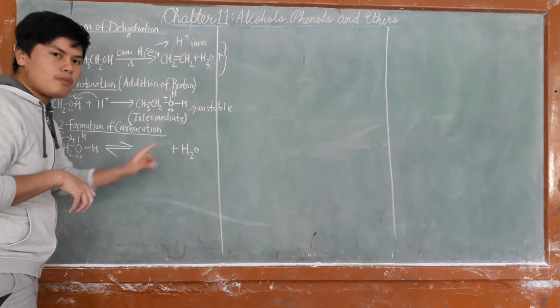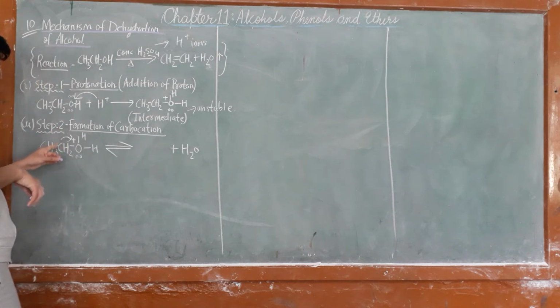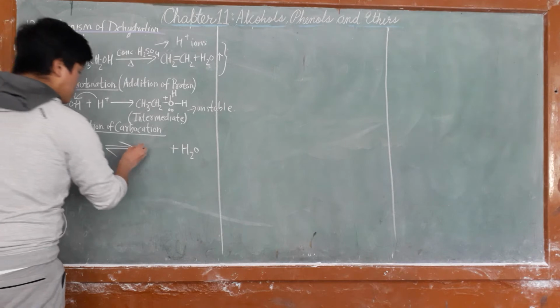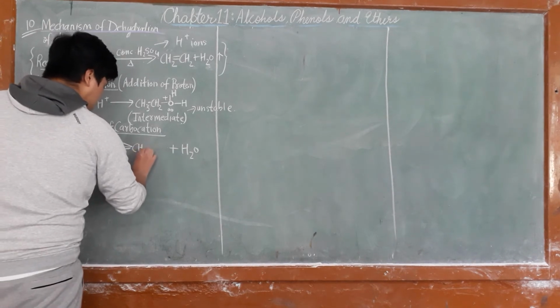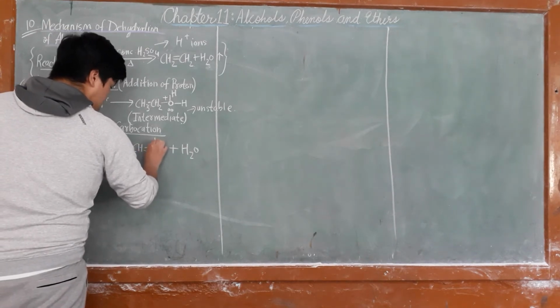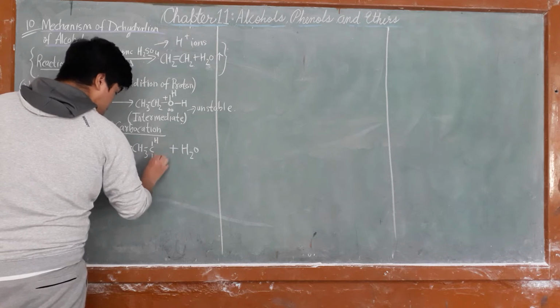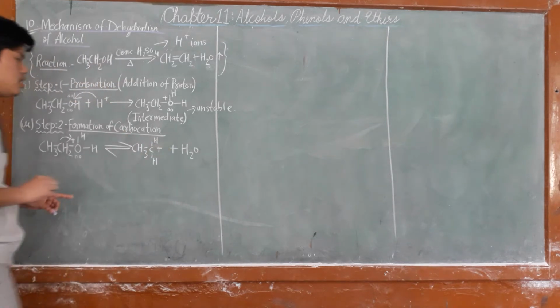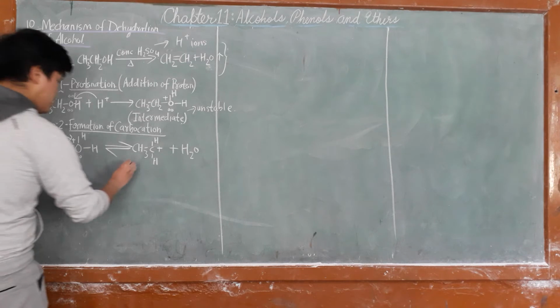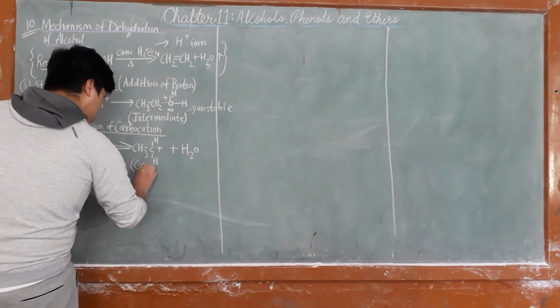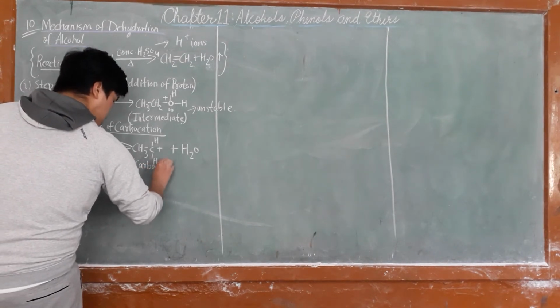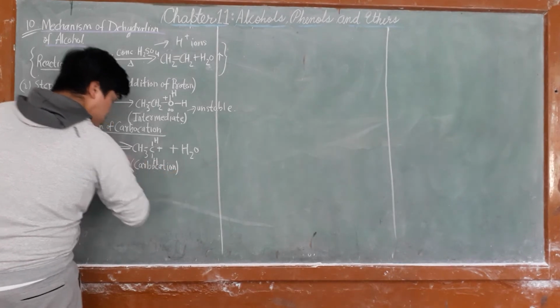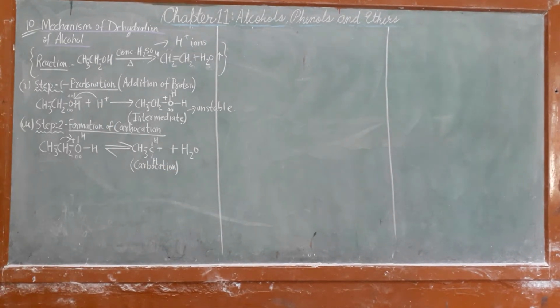But this carbon will now consist of a positive charge. So what you will get is CH3CH with a positive charge. This is nothing but your carbocation.